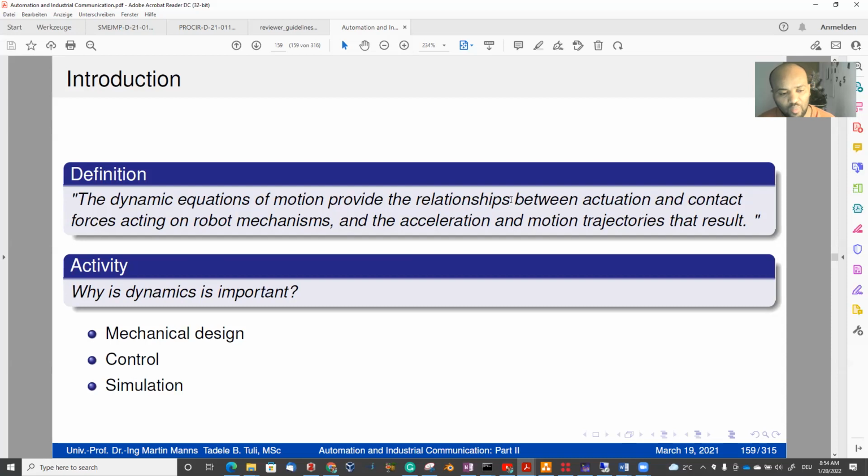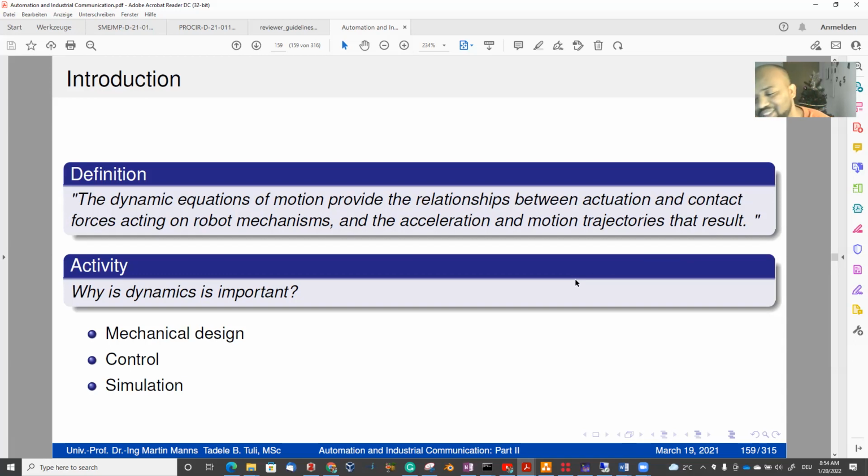For example, we may be required to control the force, the torque, and also check if the robot could be controlled precisely at the desired position, and so on. This is what we have to care about. So actually, why do we really need this dynamics?